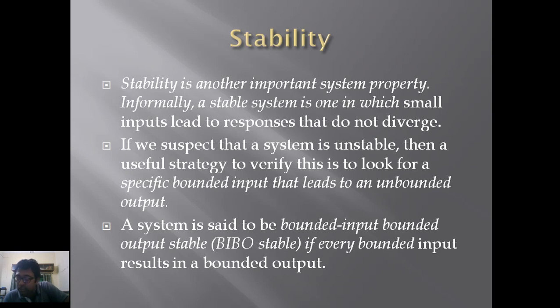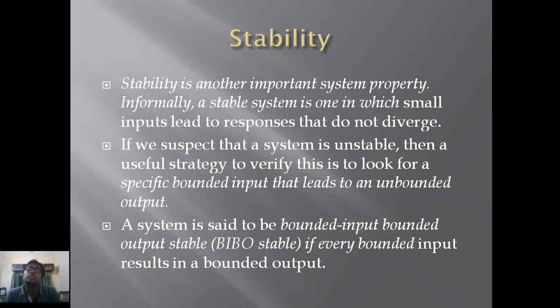This one is another basic system property, which is known as stability. Stability is another important system property. Informally, a stable system is one in which small inputs lead to responses that do not diverge.